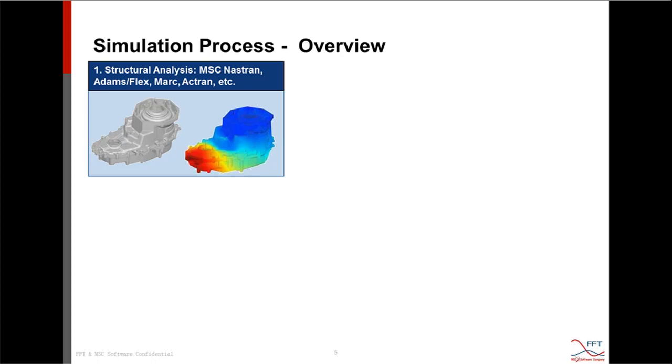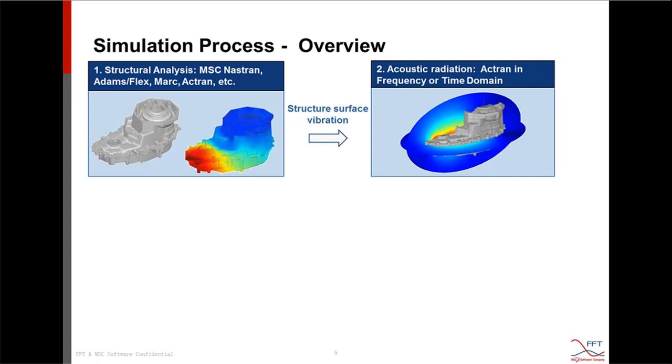Here, typically, we are studying the vibration of the gearbox. This analysis can be either in frequency domain or time domain, and we will get the surface vibration from that structure using the first step tool. Then the frequency or time domain solver in Actran will handle the acoustic propagation into the free field.